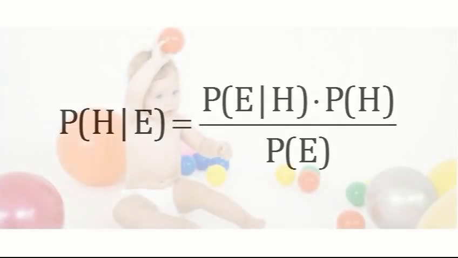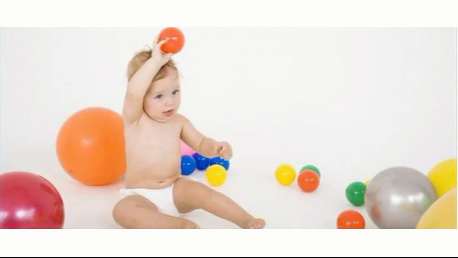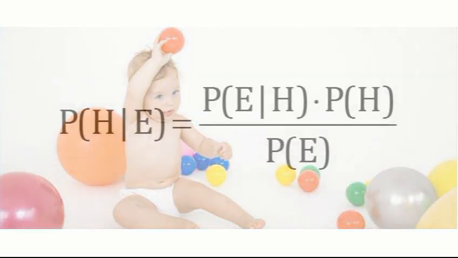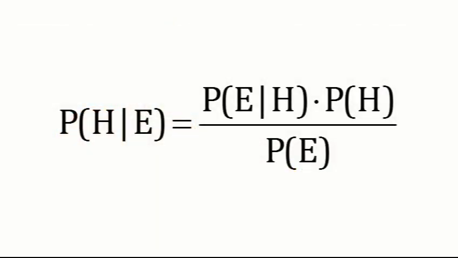Another example, when a baby throws a ball in the air, he has initially no idea where it will end up. It is through the evidence accumulated by repeated observation that he learns that the ball lands on the floor and does not, for example, float in mid-air or end up in another room or fly out of the window. So from the very start, we evaluate hypotheses in the light of some evidence.